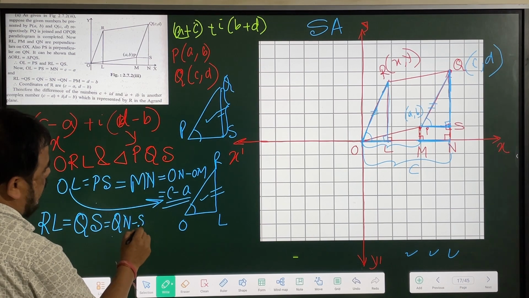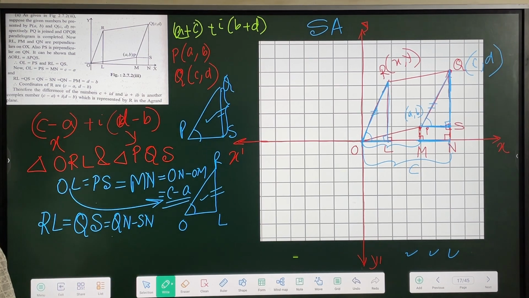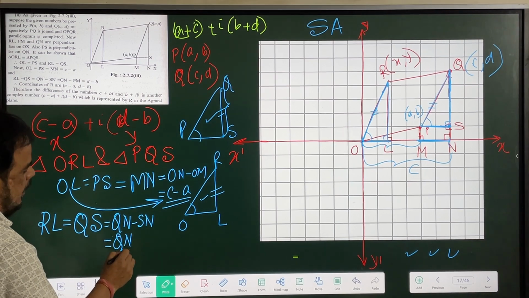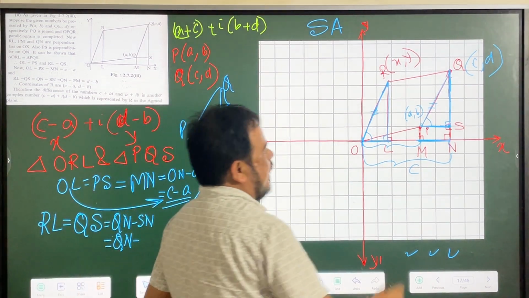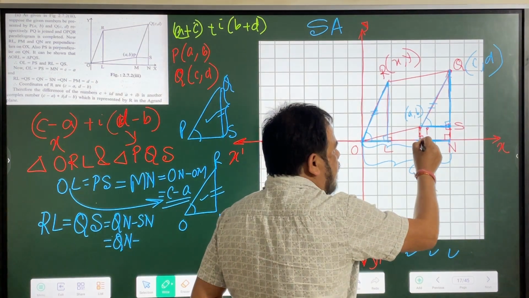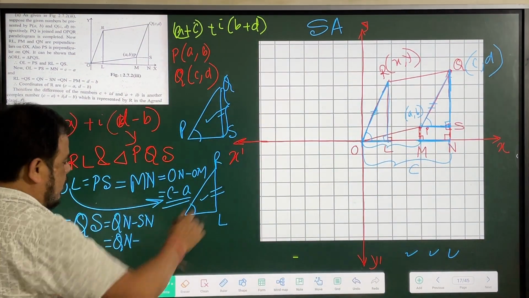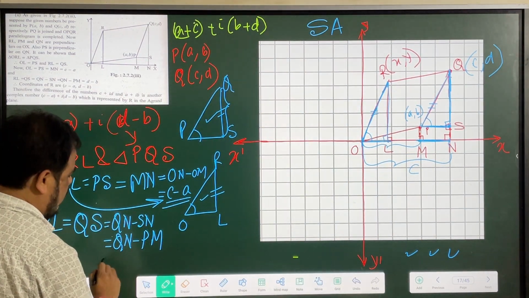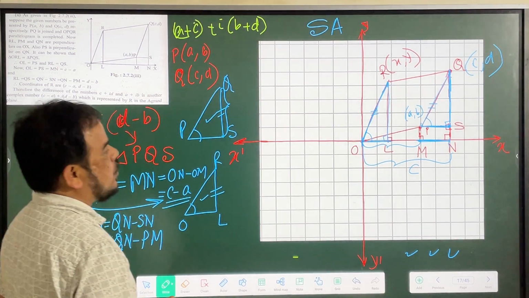QN minus SN. QN how much? SN means PM, equal.